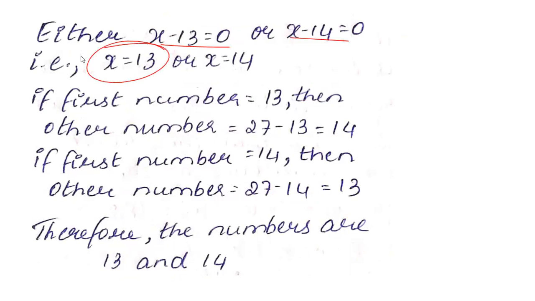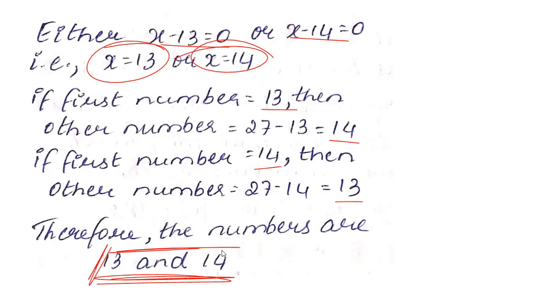If x minus 13 is equal to 0, x will be 13. If x minus 14 is equal to 0, x will be 14. If the first number is 13, then the second number will be 14. If the first number is 14, then the second number will be 13. Therefore, the numbers are 13 and 14. This is the required solution.